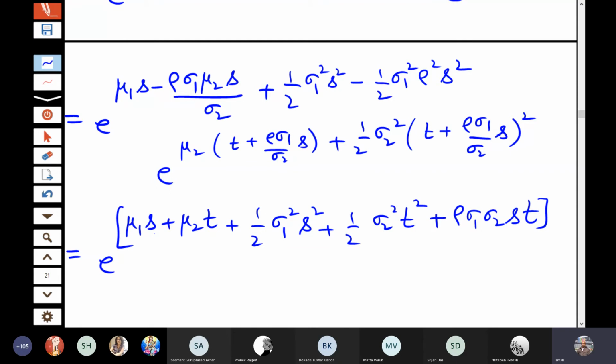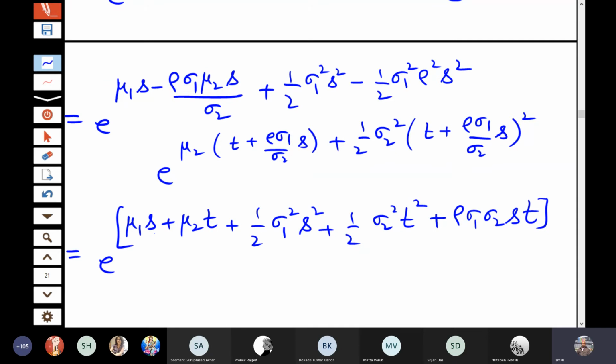Is the proof clear? Yes, sir. If you had two normal distributions, one with mean mu1 and variance sigma 1 square and another with mean mu2 and variance sigma 2 square, then I will get the MGF as e to the power mu1 s plus mu2 t plus half sigma 1 square s square plus half sigma 2 square t square.